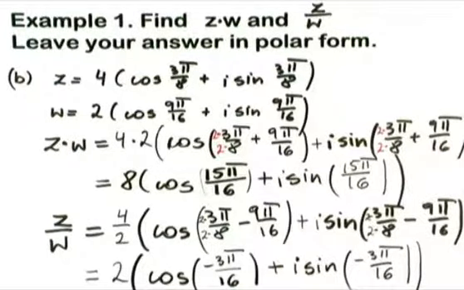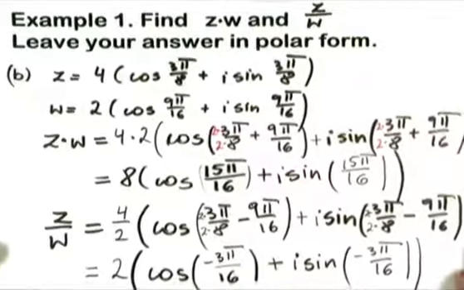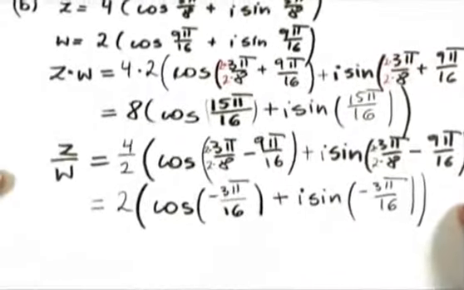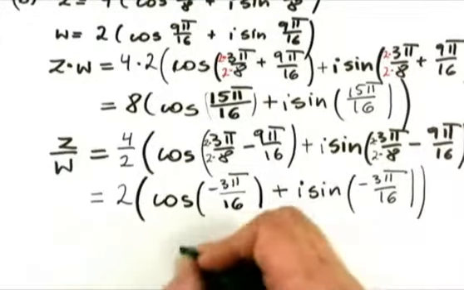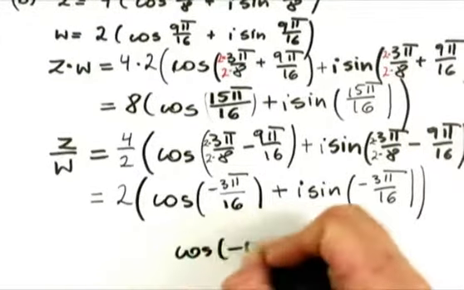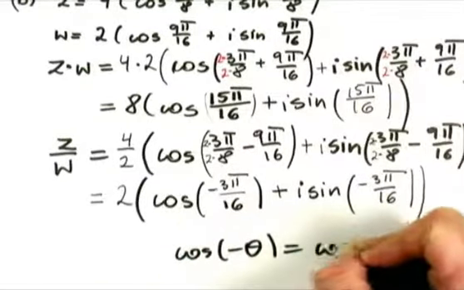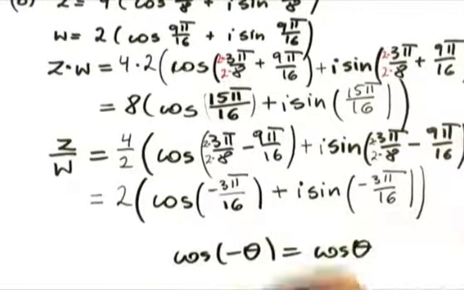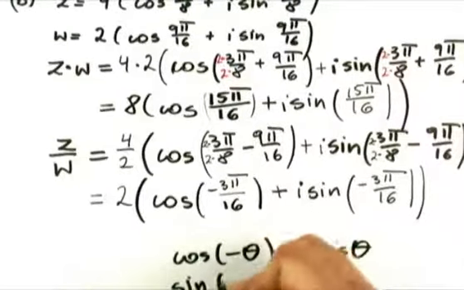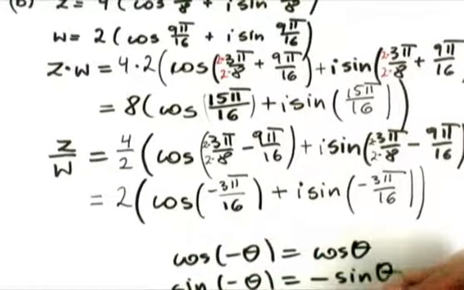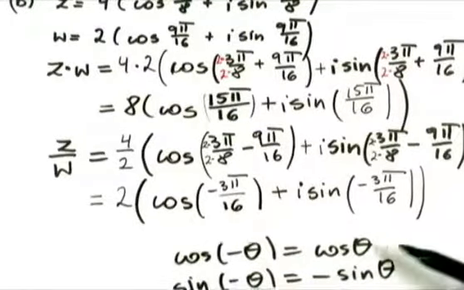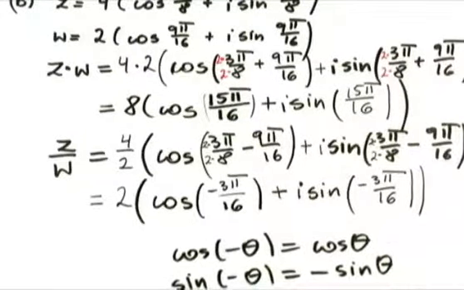We can use the properties of sine and cosine. We know that cos of minus theta is cos theta, and we know that sine of minus theta is minus sine theta, because cosine is an even function and sine is odd.